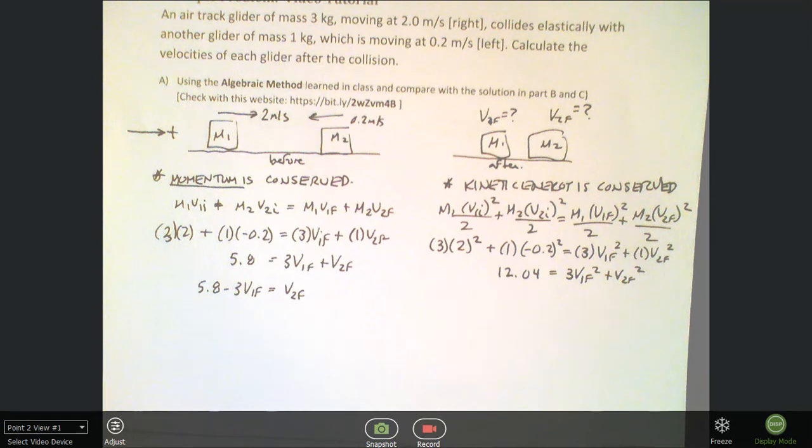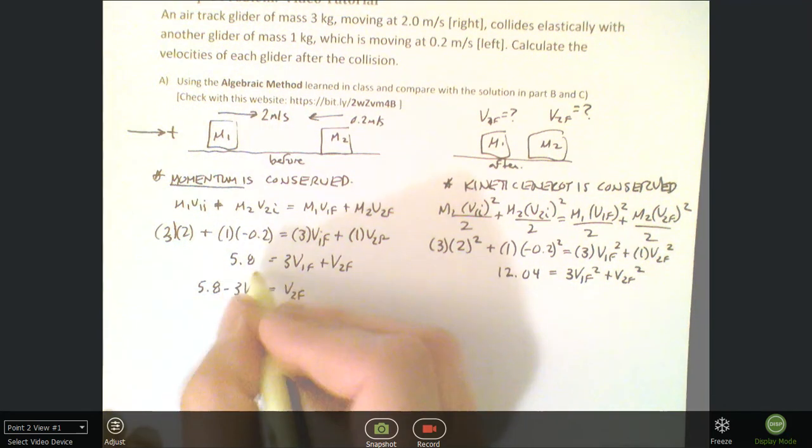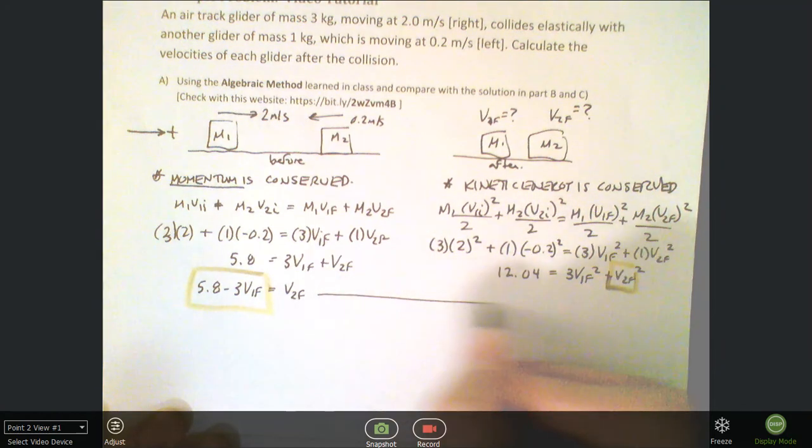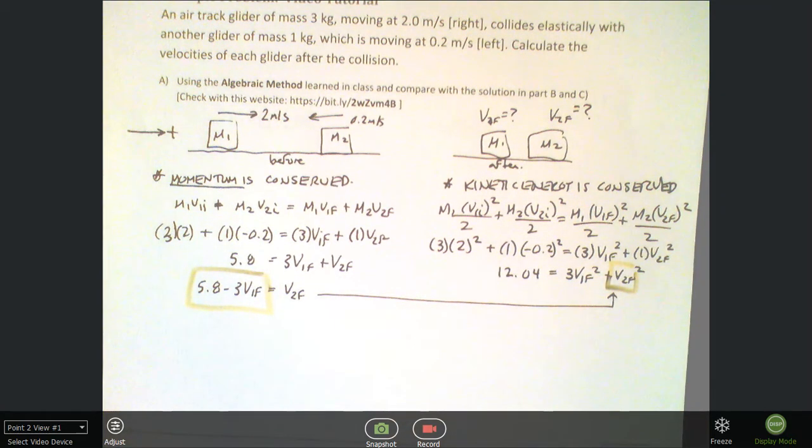And you realize now that v2f equals this, and there's a v2f here. So we can take this, simply substitute it right there. That's it. So we do the substitution.